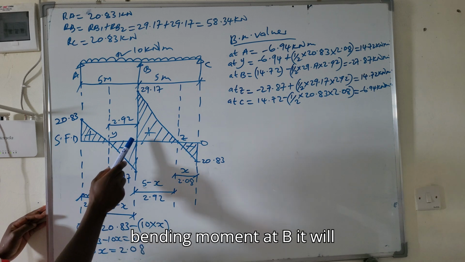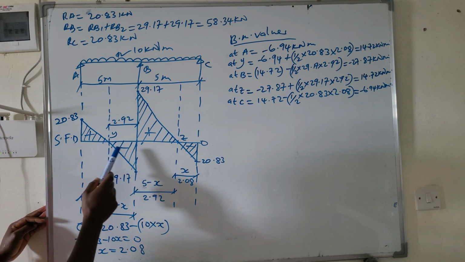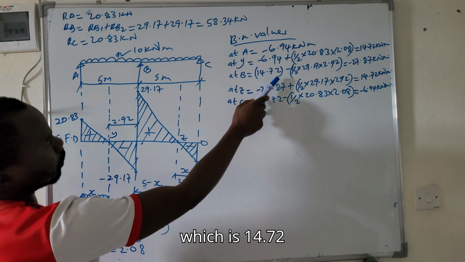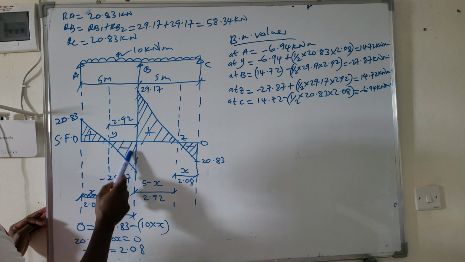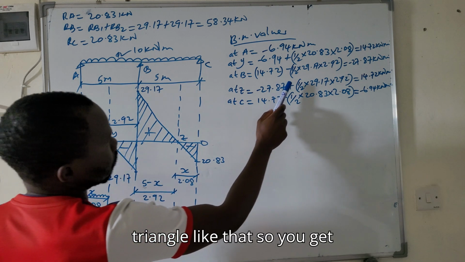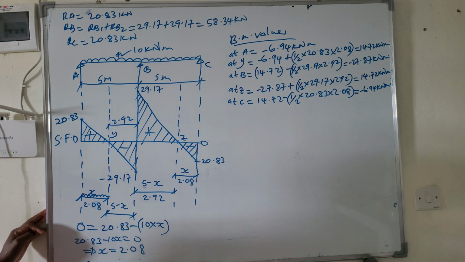Bending moment at B will be bending moment at Y, which is 14.72, minus the area of this triangle, like that. So you get negative 27.87.